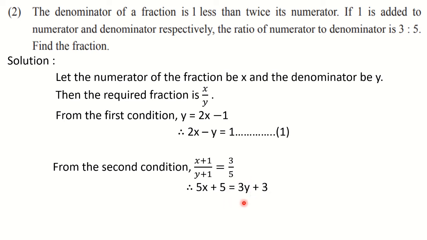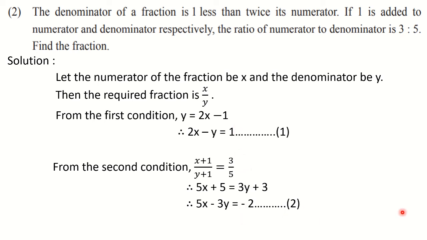So this 3y we will shift to LHS and this plus y we will shift to RHS. So what we will get here? 5x minus 3y is equal to minus 2. See, 3 minus 5. Okay, so the answer is minus 2. Be careful here. So this is our equation 2. The equations are framed.